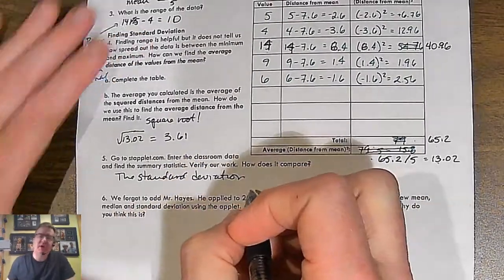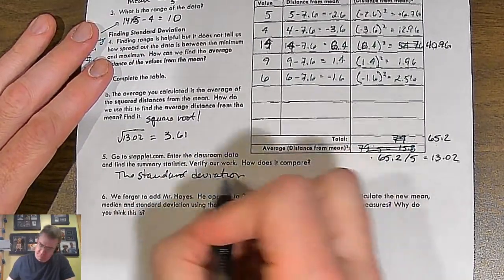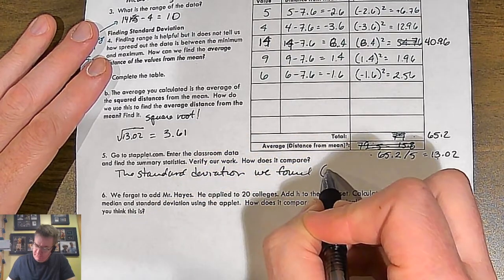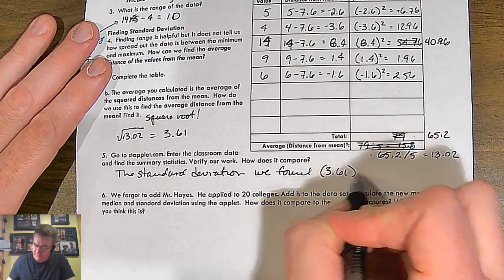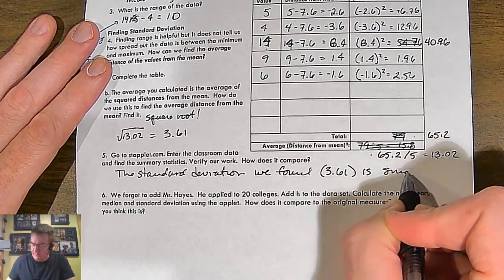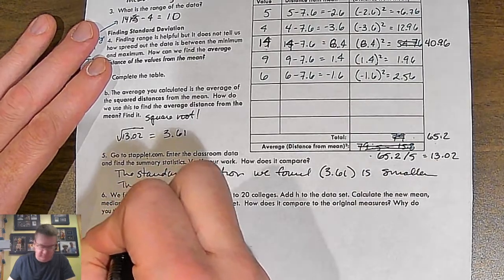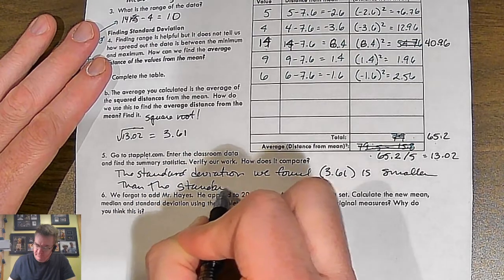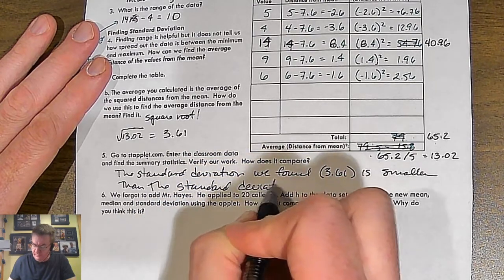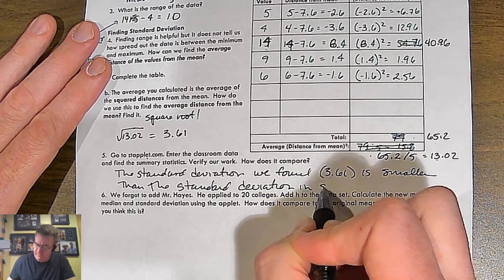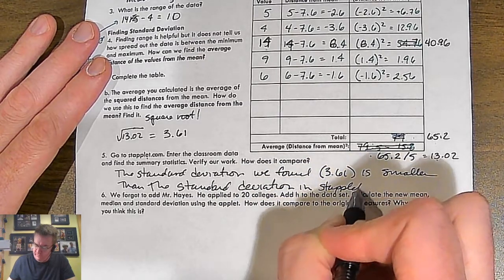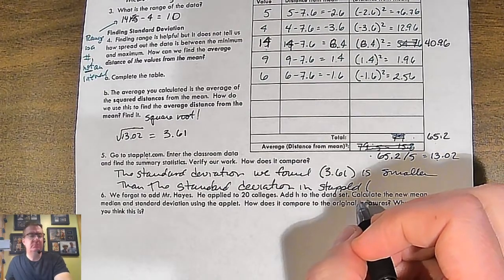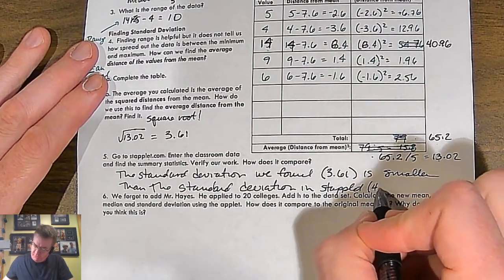So the standard deviation that we found, which is 3.61, is smaller than the standard deviation in Statplot. Which was, what did we say, 4.037. So 4.04.